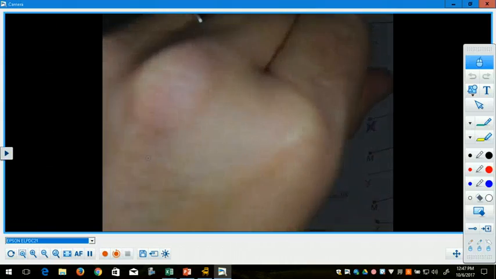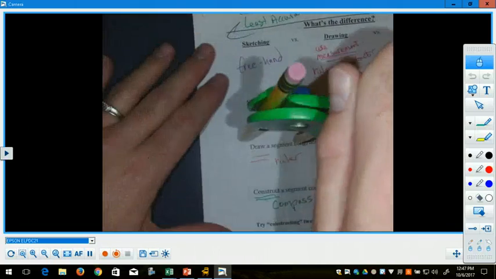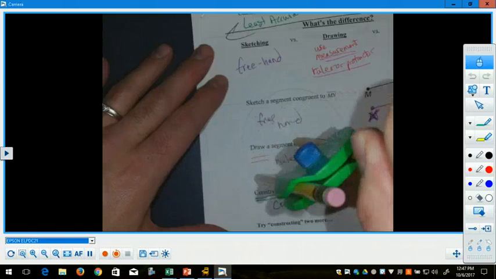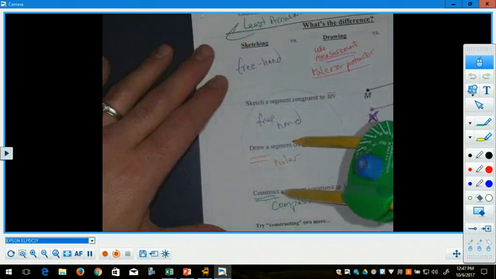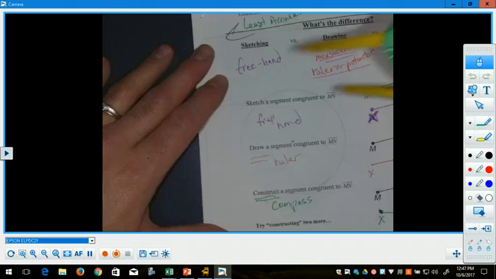You don't want to put any pressure on the pencil. You just want it to lightly go across your paper, just enough that you can rotate or twist it with your thumbs while you're pushing down to make a perfect circle.